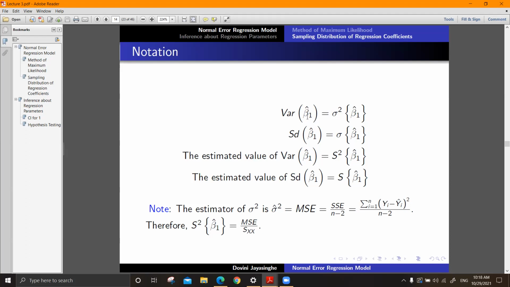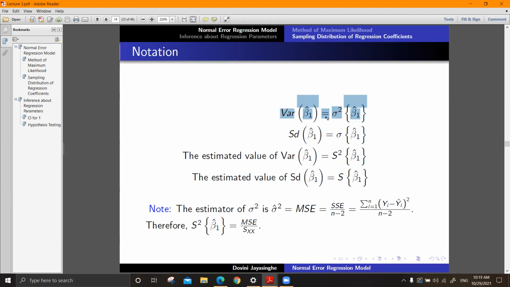So the variance of an estimator, you denote it like sigma squared this. If you want to get the standard deviation of this, then it is going to be the square root of this. That is why sigma squared this. This is a notation. If you want to get the estimated value of this variance, so this is the true variance.